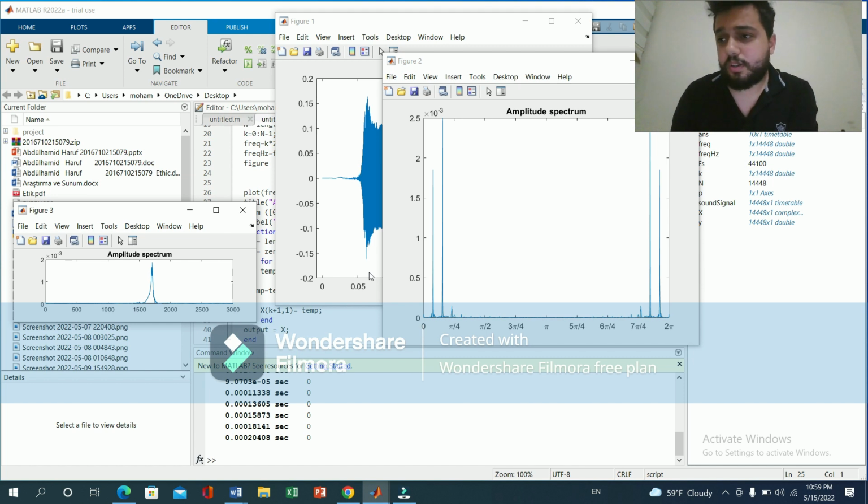Now we compute one over fs times fft. Why? Maybe remember that X omega equals T, I mean in capital letter, times d omega. What is T in capital letter?